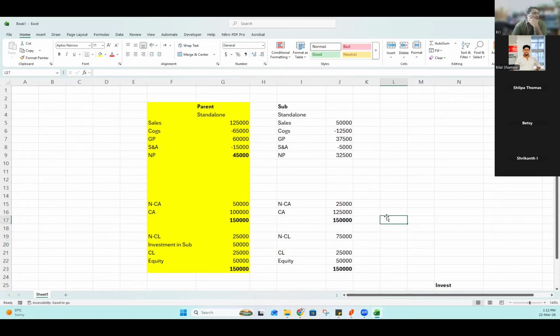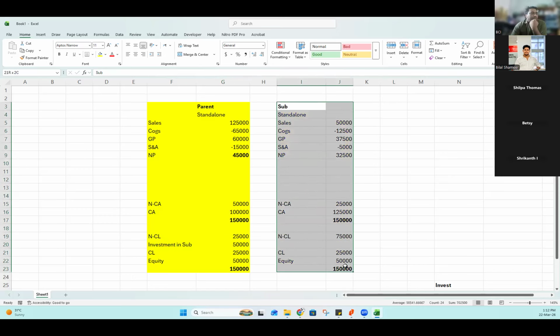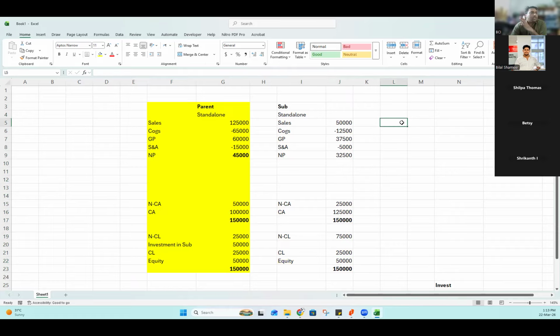Let me do it like this. Now what happens? The parent company standalone financial statement looks like this. Clear? Now, in this, they have a 50,000 investment in a subsidiary. And inside the subsidiary, you will see the investment from the parent company. That is the equity part. Clear? So now, when you're going to consolidate those together, what will we do?